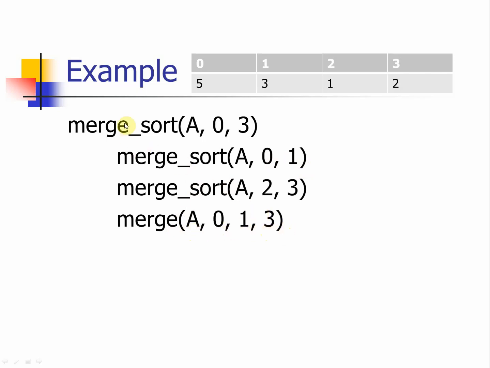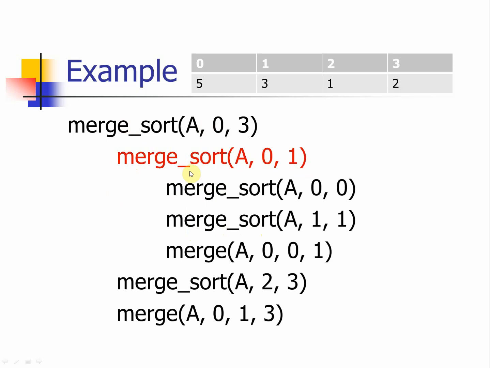So what's happening when this recursive function is called? The first merge sort recursive function will call the same function, and understanding that it is not the base case scenario, it will go to the general case scenario, call merge sort A, 0, 0, because the middle index is 0 now, and then call another merge sort A, 1, 1, and then try to merge the two sorted segments.